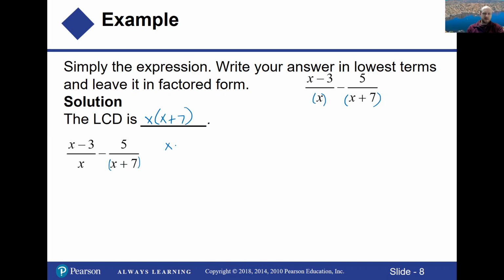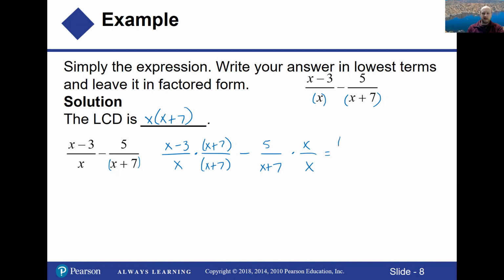So let's demonstrate this one here. I have (x minus 3) over x. Again, I have to multiply that by the factor that's missing, so I multiply this by x plus 7 on top and bottom. And then minus 5 over (x plus 7), and I multiply this one by that missing x.